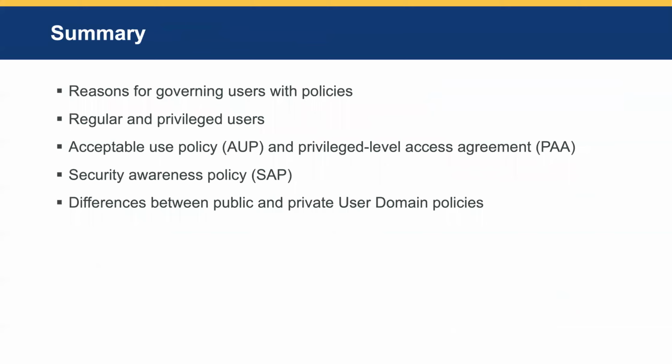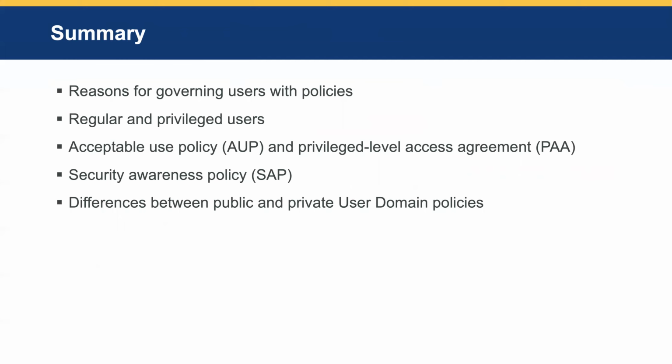Throughout this lesson, we've explored appropriate guidelines for developing user domain policies. Specifically, we have touched on having in place appropriate reasons for governing users with policies. We've spoken about regular and privileged users. We discussed having in place acceptable use policies and privilege level access agreements.